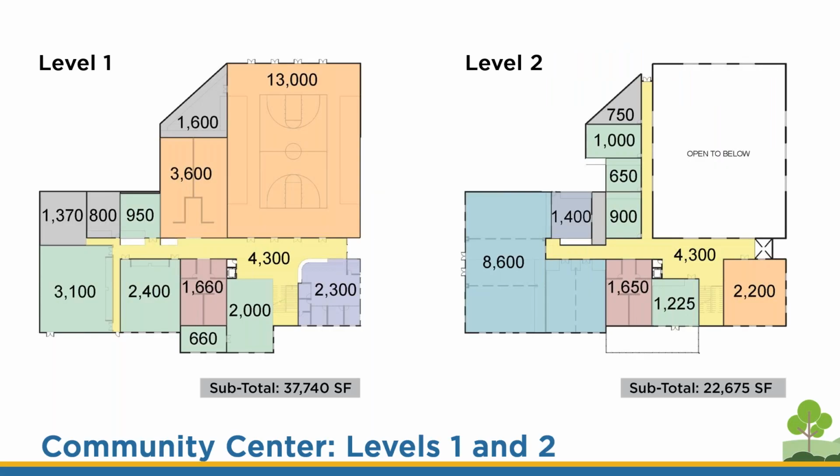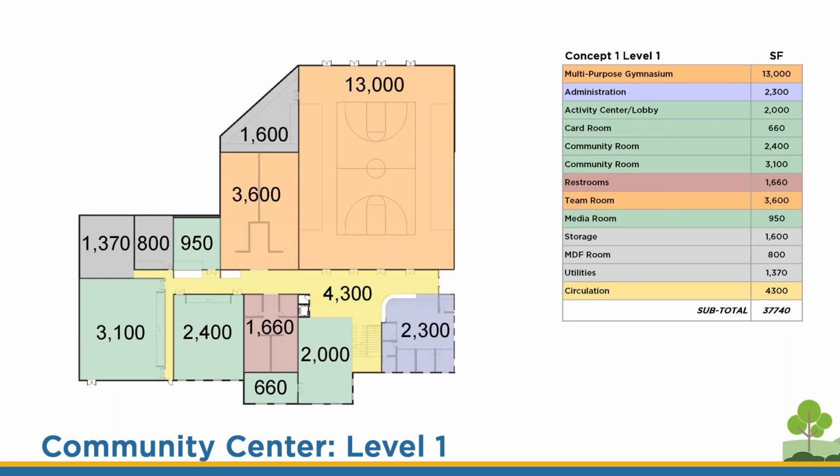The proposed community center is envisioned as a 2-level building that accommodates the requested program. Level 1 is approximately 37,700 square feet, and level 2 is approximately 22,600 square feet. Notable spaces in Level 1 include administrative offices, a multi-purpose gymnasium, and several community multi-purpose rooms.